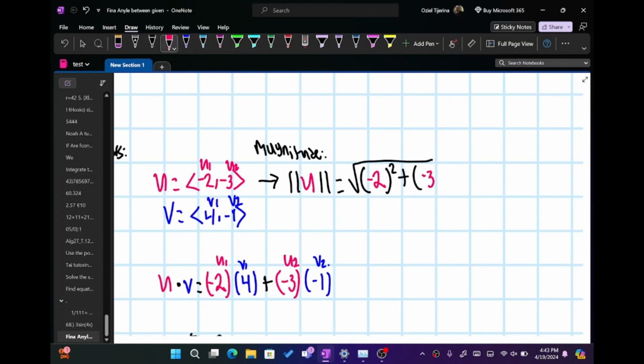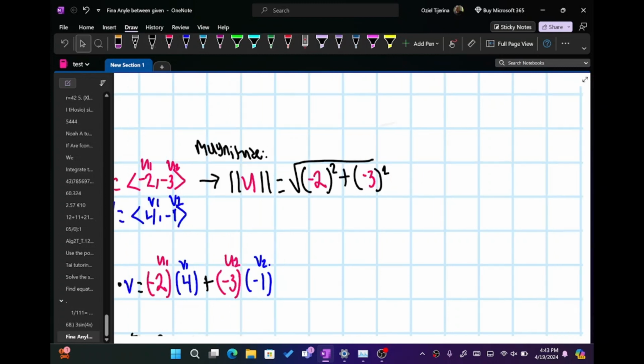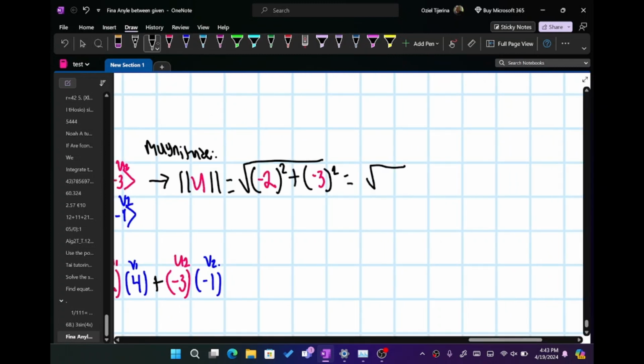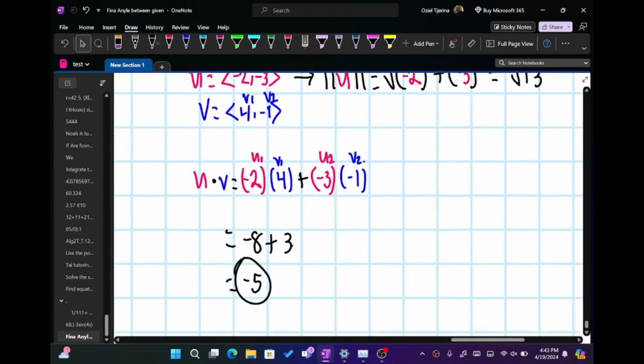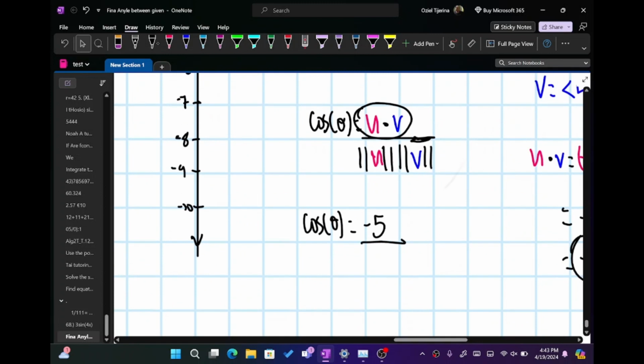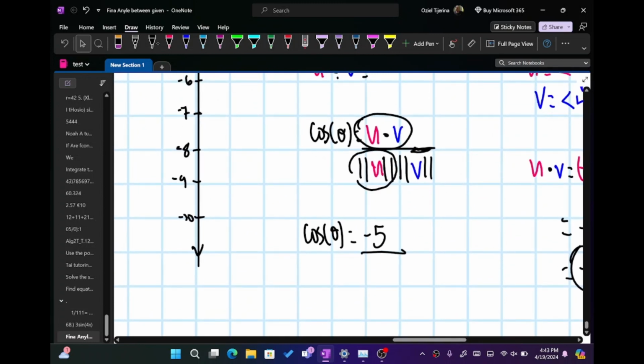And this will end up giving us the square root of 13, if I'm correct. So I know that the magnitude of u is the square root of 13, so for this, we're going to put the square root of 13.